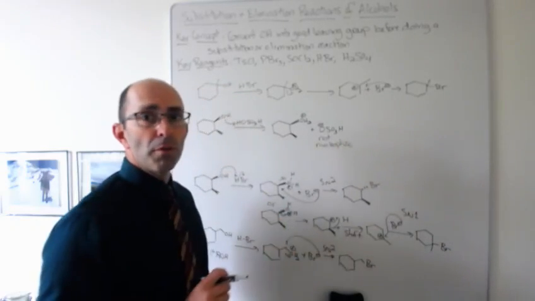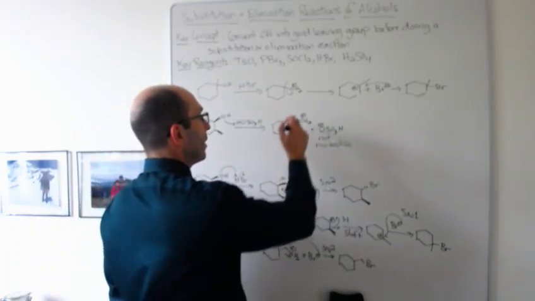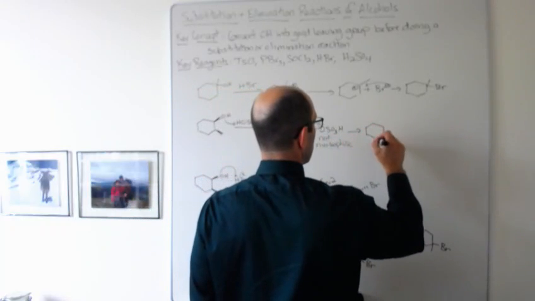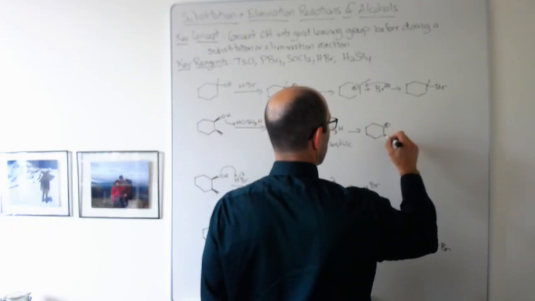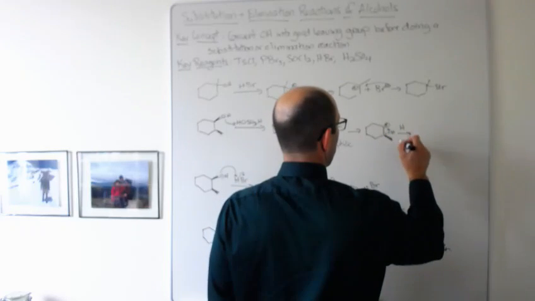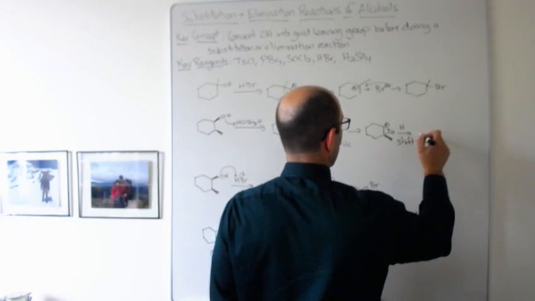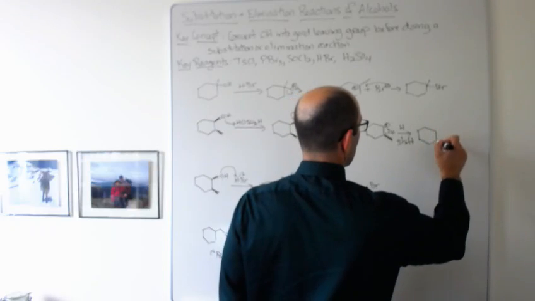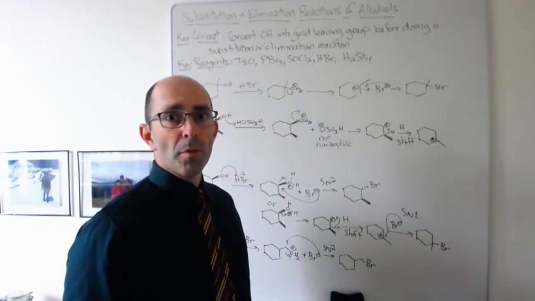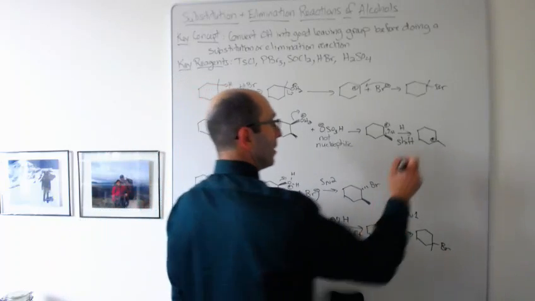Since it's not nucleophilic, we don't have to worry about a substitution reaction. So instead, we're going to form a carbocation, just like we did with the HBr reaction. We're going to get a hydride shift to the tertiary carbocation, and then we're going to form the most stable E1 product that we can.